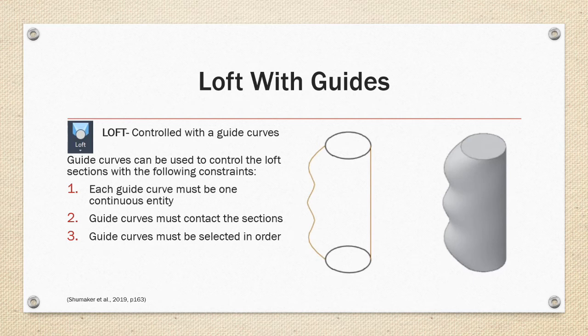In the example on the right, the sections of the loft are the 2 circles rendered in black, and the 2 guide curves are rendered in orange. The guide curve on one side guides the loft to have 3 bumps, and the straight curve on the opposite side constrains the loft to be straight in its proximity.